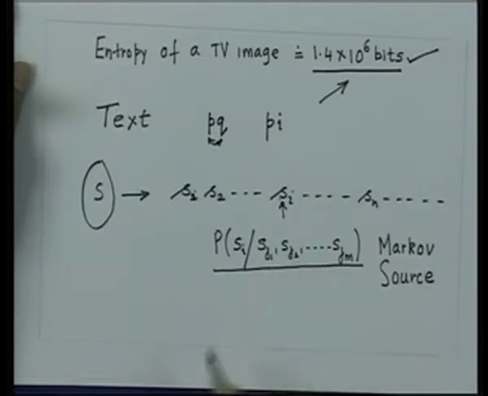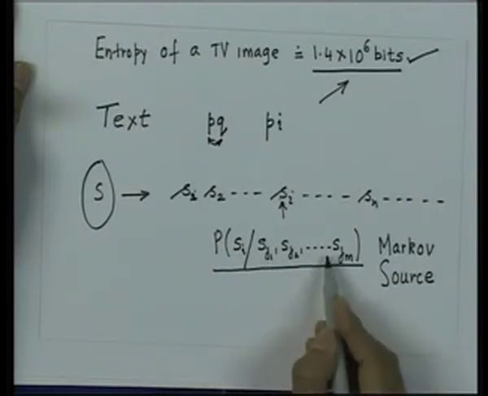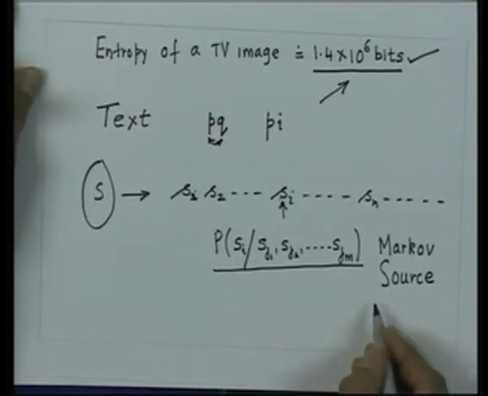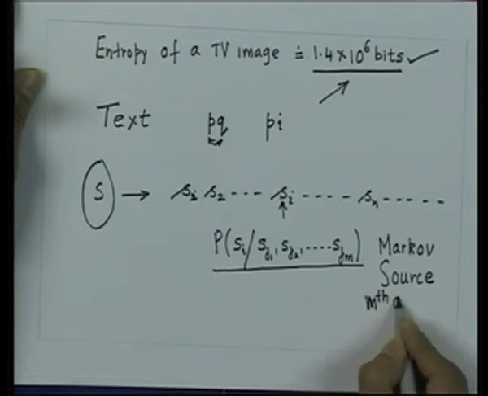And for this specific example, since the dependency is over m preceding symbols, I will say that this Markov source is of mth order.